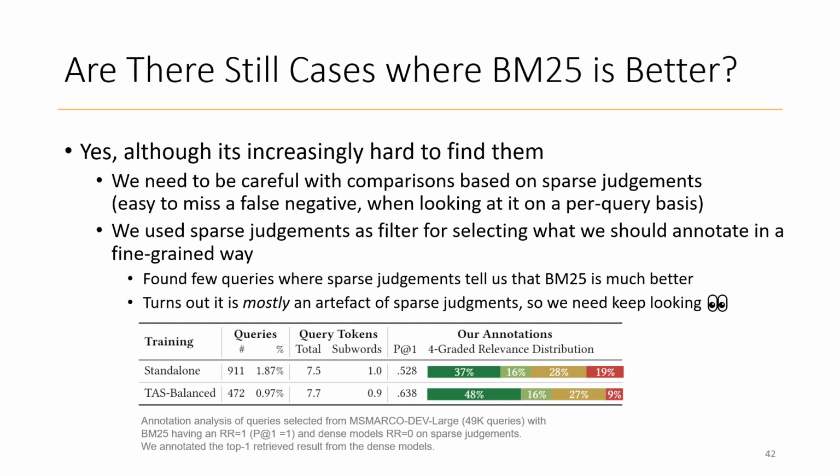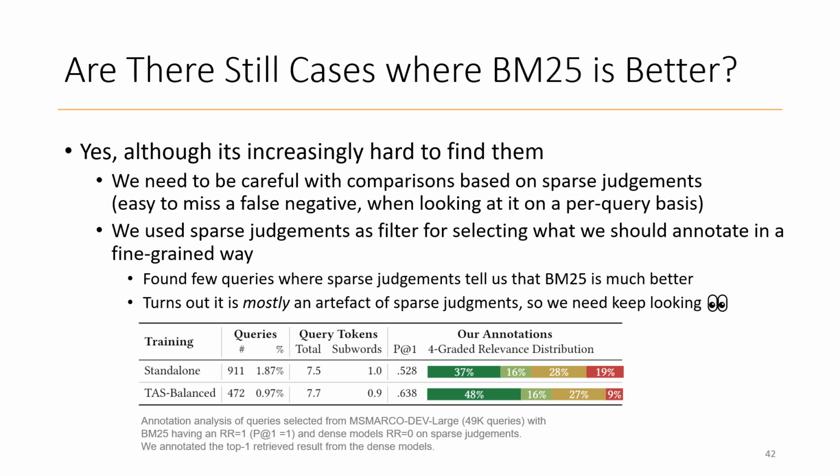So what we did is we used sparse judgments as a filter for selecting which queries should be annotated in a fine-grained way. So we selected a set of queries where on the sparse judgments BM25 has a perfect MRR score and the dense retrieval model has the worst MRR score of 0, meaning it did not get the one annotated passage in the top 10 results.